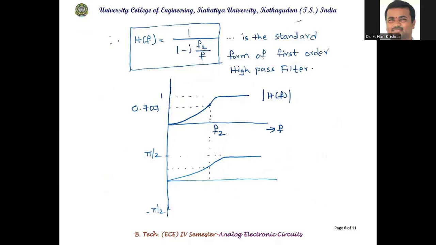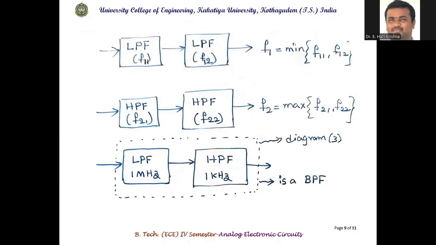So the RC low pass filter we have seen, and the RC high pass filter we have seen. These two form the basis for the discussion of frequency response analysis of BJT and FET circuits. We'll continue this discussion. If two low-pass filters are cascaded, one with cutoff frequency F11 and another with cutoff frequency F12, then what is the overall cutoff frequency of this cascaded system?